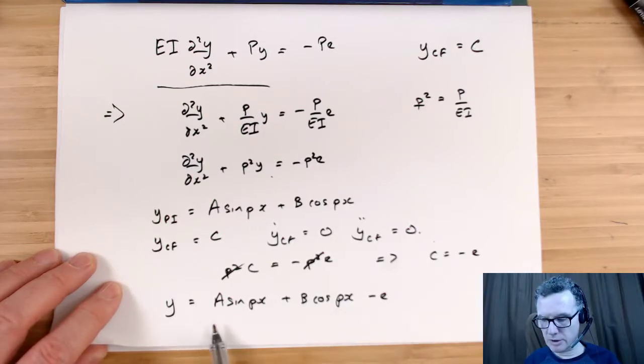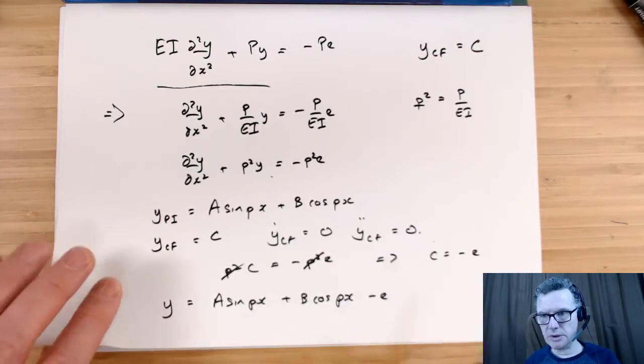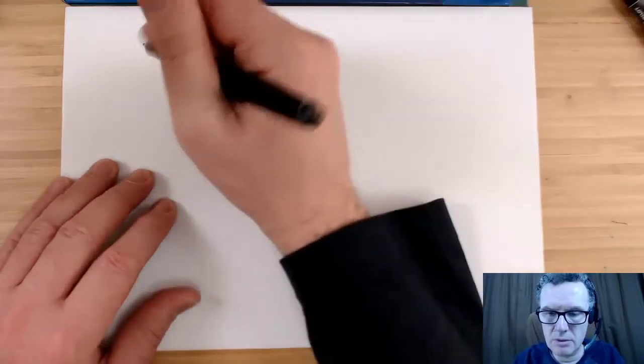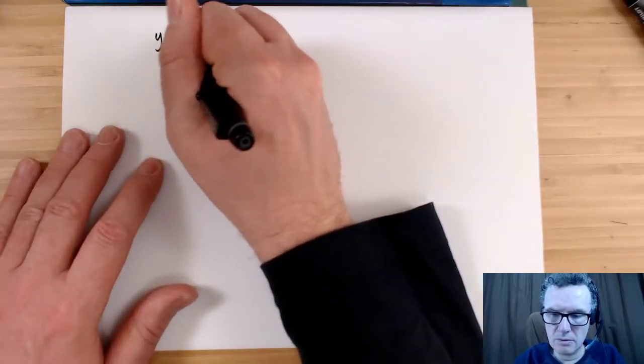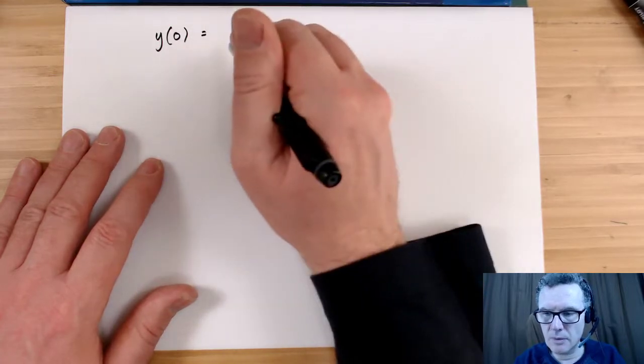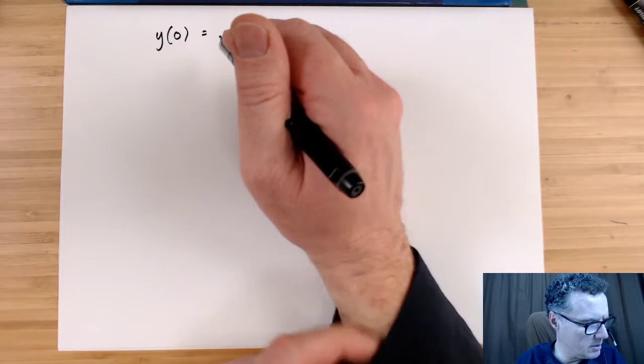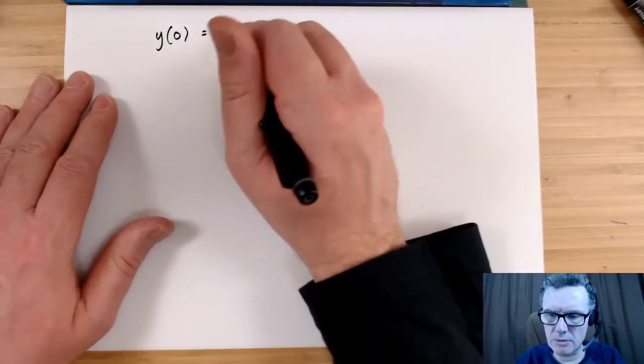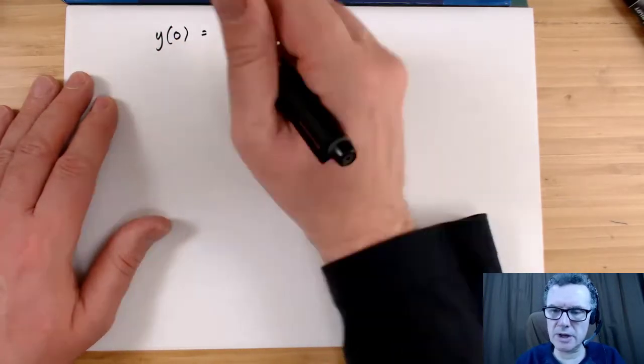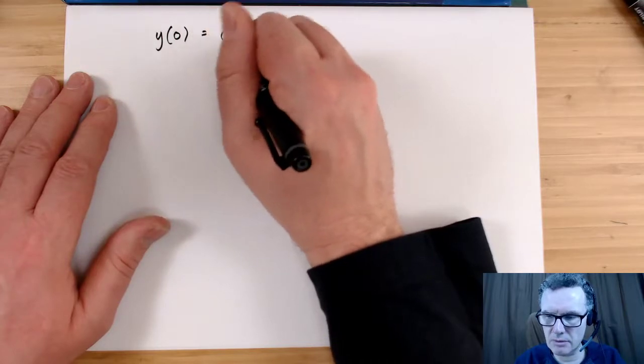Yeah, let's do that boundary condition first. So when x equals 0, what do we expect y to be? I suppose I would expect we're going to set y to put that at the datum, so we'll set that at 0.